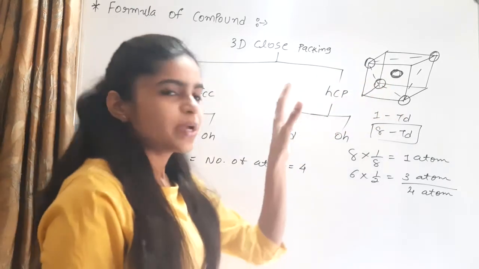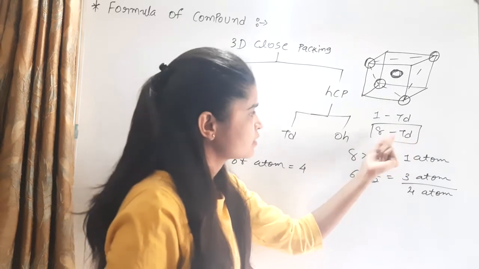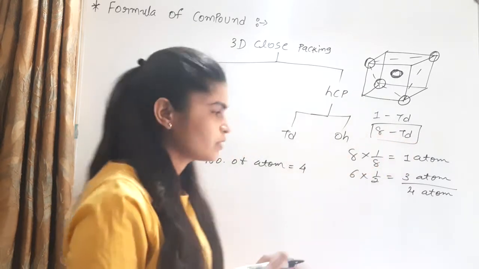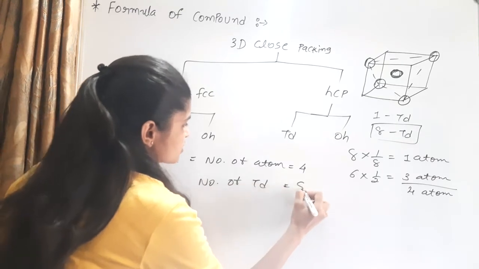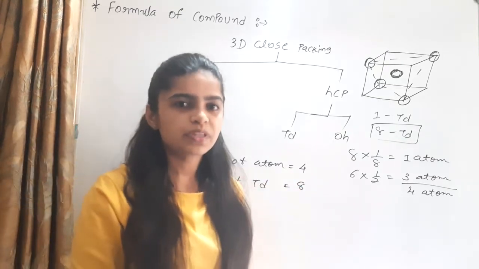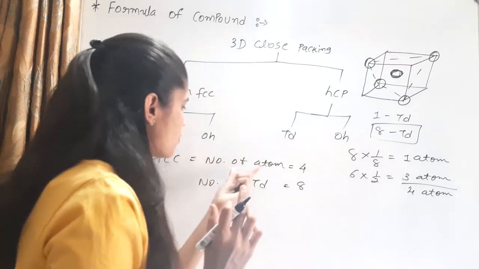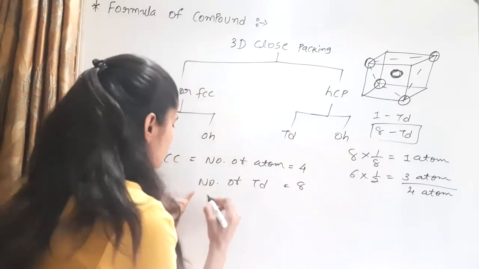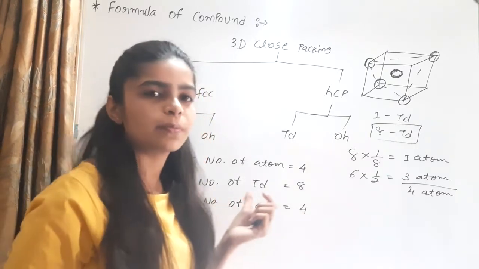In this cubic unit cell, the number of tetrahedral voids is equal to 8. And the number of octahedral voids is equal to the number of atoms, so the number of octahedral voids is equal to 4.